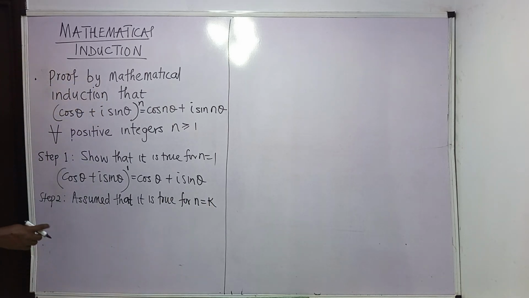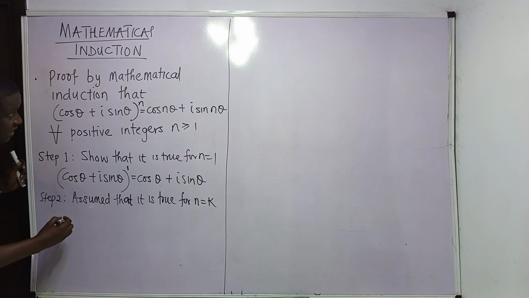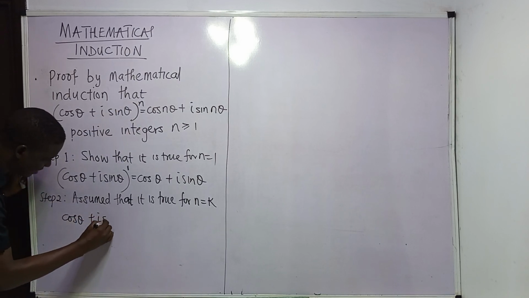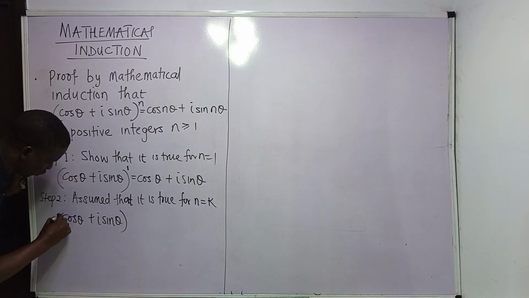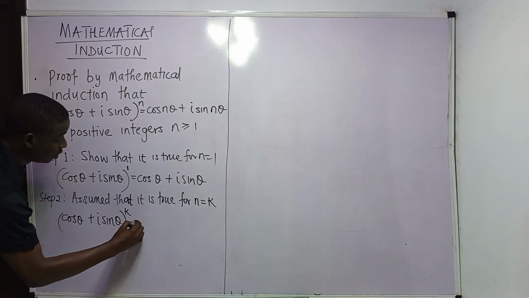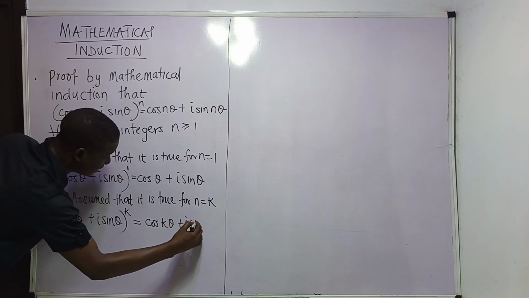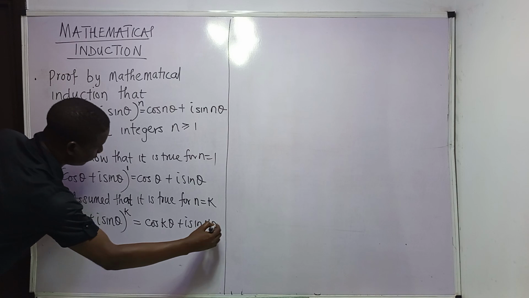That is to say, based on the fact that it is true for n equal to 1, we assume that it is true for n equal to k. So anywhere you see n equal k, (cos theta plus i sin theta) all raised to k equals cos k theta plus i sin k theta.